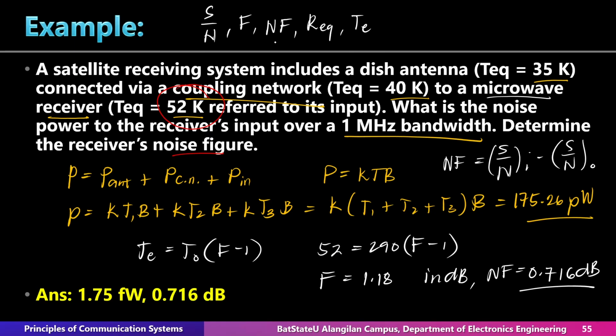Okay? Most of the time, ang ginagamit ay noise figure na naka-dB. Pero kapag ang system ay microwave frequencies na yung ginagamit, halimbawa, microwave communications or satellite communications, kung saan dapat napakababa ng noise, ang ginagamit po natin ay equivalent noise temperature. Yun yung mas common na ginagamit.